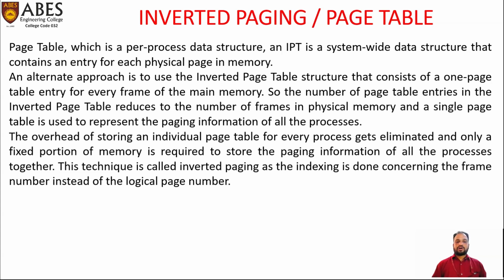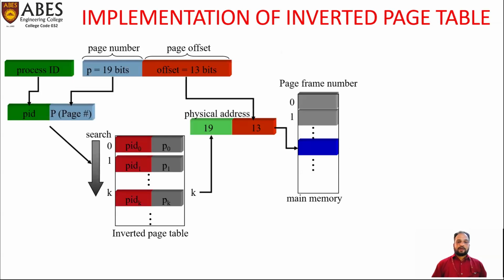This technique is called inverted paging, as indexing is done with respect to the frame number instead of the logical page number in the main memory. As you can see in the diagram, in IPT we use the process ID, represented as PID, and along with that PID, we use the page number.